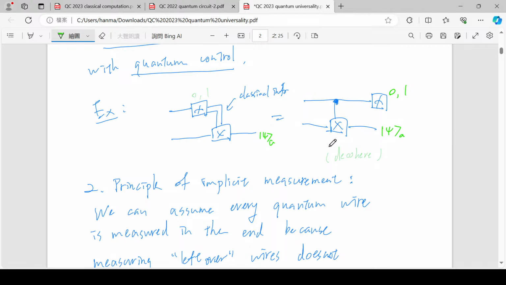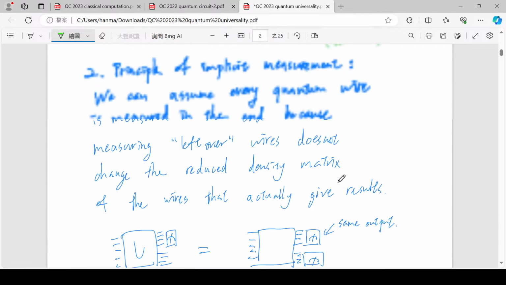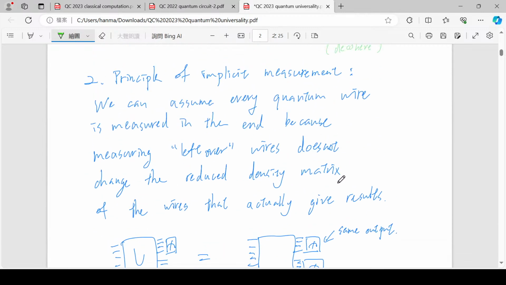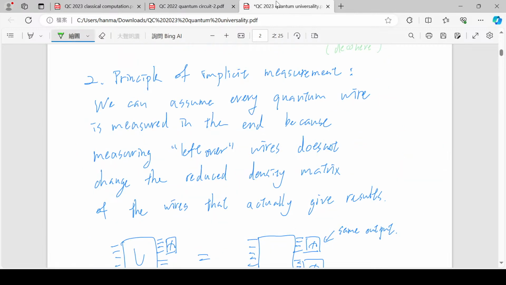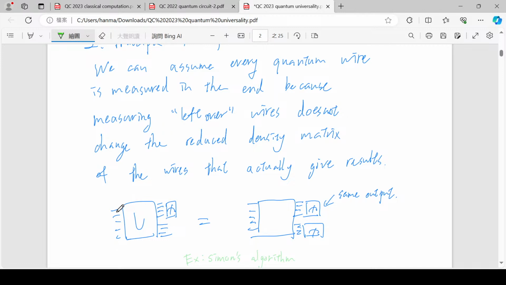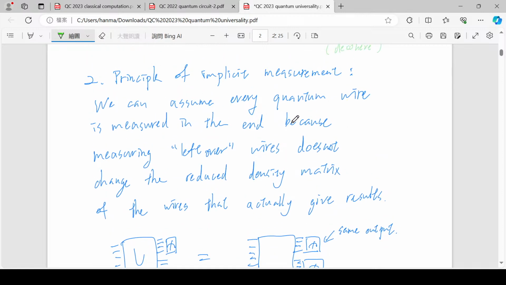And then we have another principle, the principle of implicit measurement. We didn't talk about this before. This principle says that if you only measure part of a system, then you might as well measure the whole system. We already saw this when we talked about density matrices.